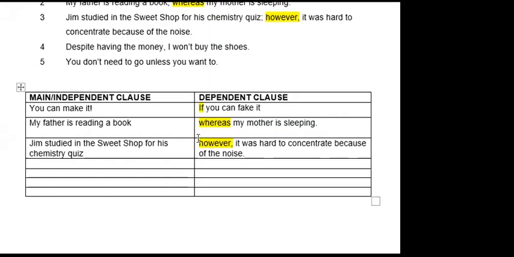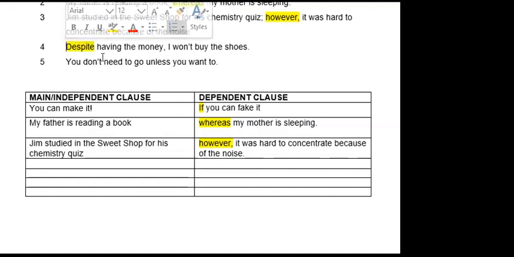It can also be at the beginning. Good, Sarah. Yes, guys. So the conjunction here is "despite," right? Despite having the money, I won't buy the shoes. What is the independent clause in the sentence?